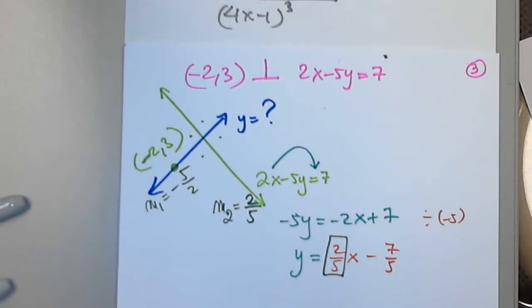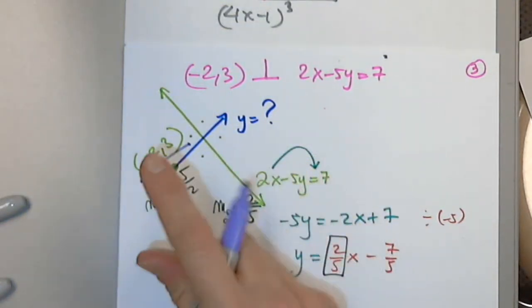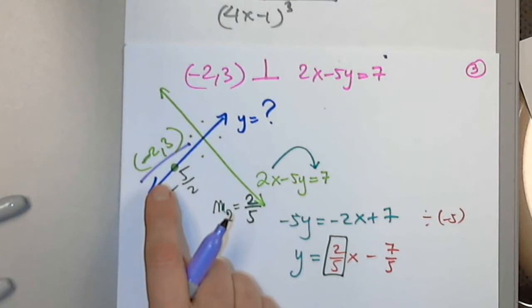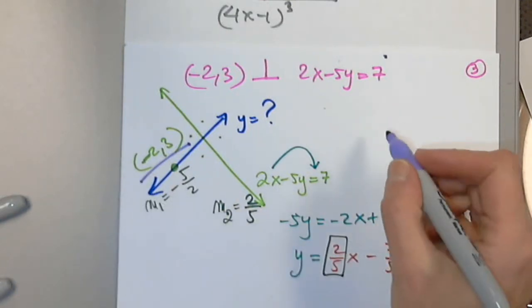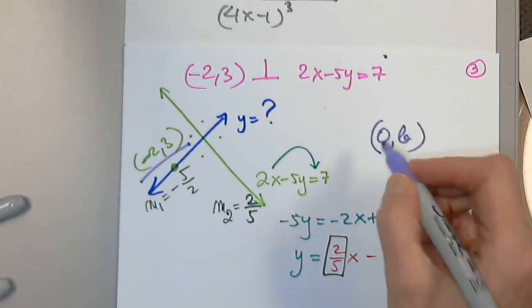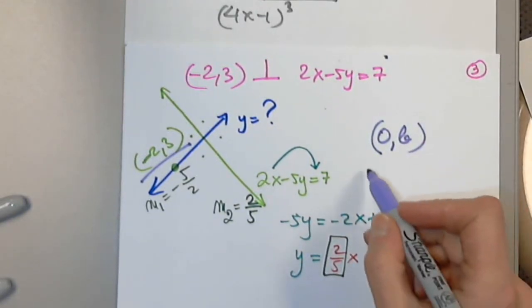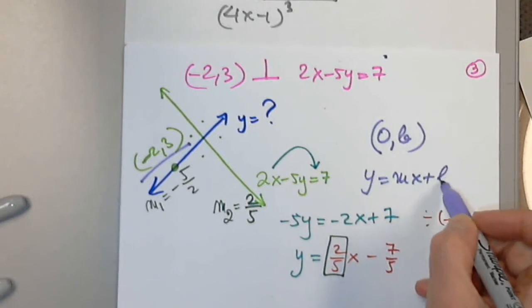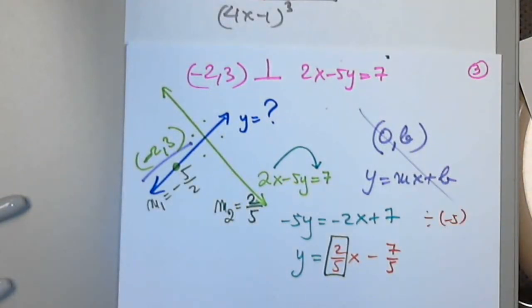Good. So now I have the point, which is or is not the y-intercept? Nope. The y-intercept would have been 0, a number. So I would have used y equals mx plus b, but I can't because I am not given the y-intercept.